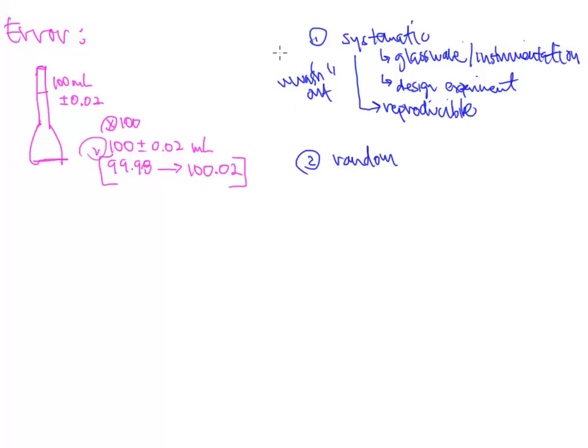Well, if I do the same error every single time with my standards, and I do the same error every single time with my samples, in the very end, when I compare my samples to my standards, it's almost like nothing ever happened. I will probably end up getting a right result. I'll probably end up getting a legitimate number.